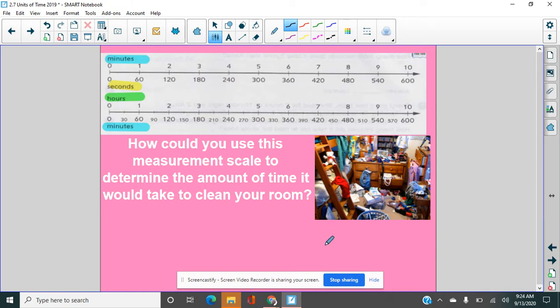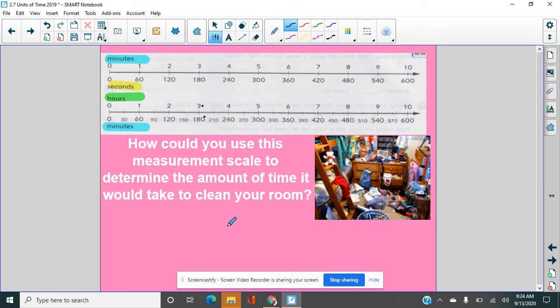So, let's see. We've already talked about cleaning your room. Let's talk about it again, though. Let's imagine that your room is super, super messy, and it takes you 3 hours to clean your room. So, what I would do here, I would find the 3 hours, and how many minutes is that? 180.